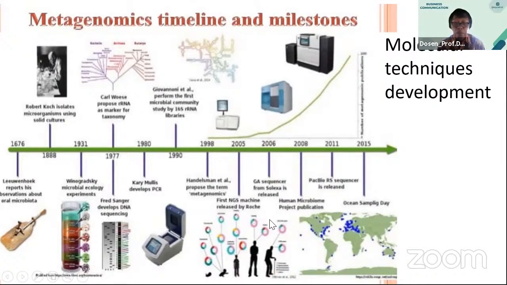Then they introduced the first NGS, and now a lot of pathogen genomes, human genomes, and bovine genomes are already established using the latest technology.